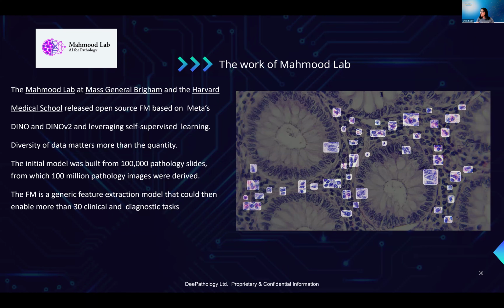And they did a very good job because they could use this box to take these features and use them for 30 clinical and diagnostic tasks. So these features were the building block on which they could develop downstream applications. And I think that this is really super, super cool.